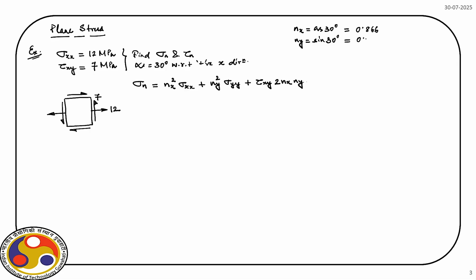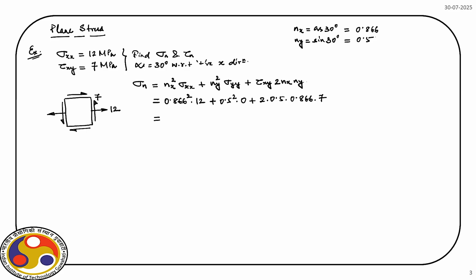So, 0.5. Obviously, if we put that expression here, we have 0.866 square times 12 plus 0.5 square times 0 plus 2 into 0.5 into 0.866 times 7. So, that is the expression.